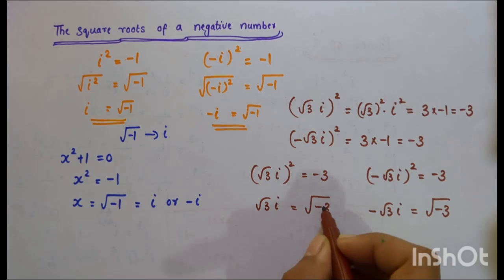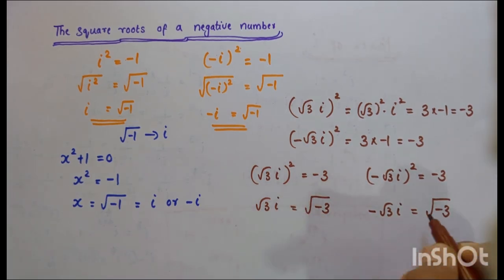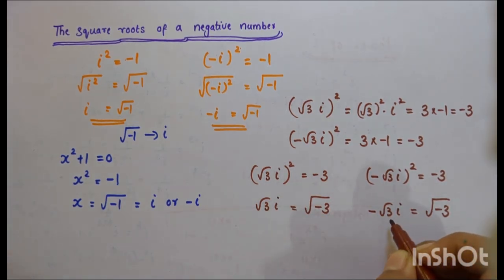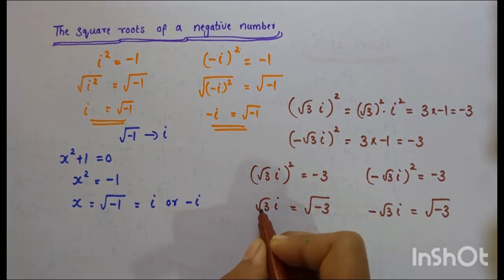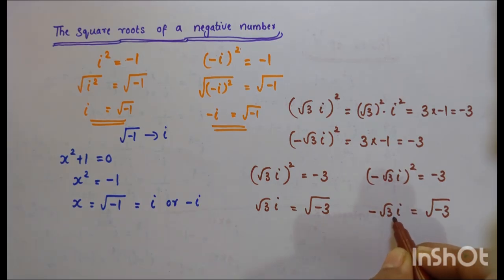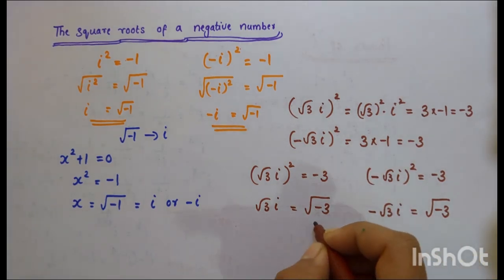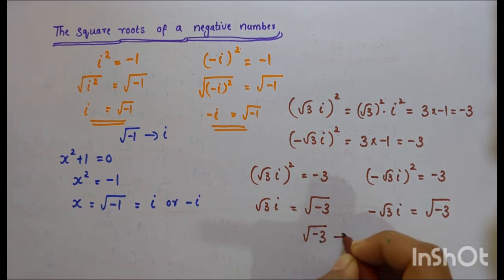That is, the square root of minus 3 can be root 3 i as well as minus root 3 i. The square roots of minus 3 are root 3 i as well as minus root 3 i. However, by the simple symbol square root of minus 3, it is meant to represent root 3 i only.